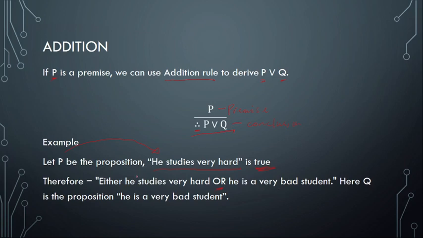The statement he studies very hard is the variable P, and he is a very bad student is the variable Q. Q is also a proposition. The addition rule uses the conjunction or.